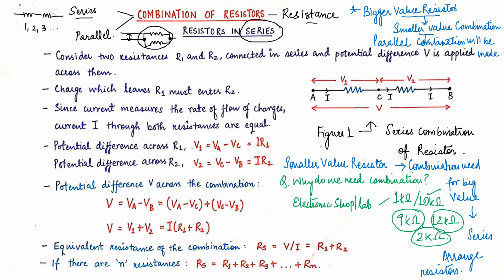Now we have understood this question. Now let's understand how series connection is giving us a big combination and how parallel combination is giving us a smaller resistance. So see the diagram. First of all, here we have a resistor R1 and another resistor R2. Throughout this, current flowing is I. Diagram is extremely important, kindly pay greater attention because this diagram will be helping you.